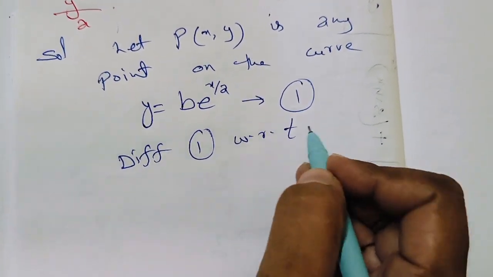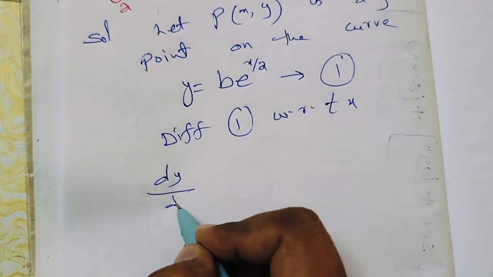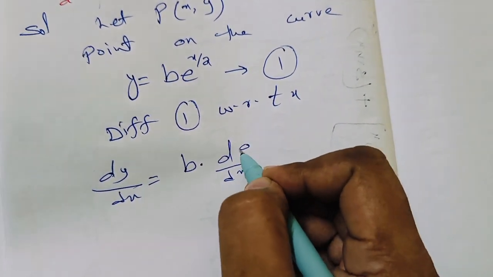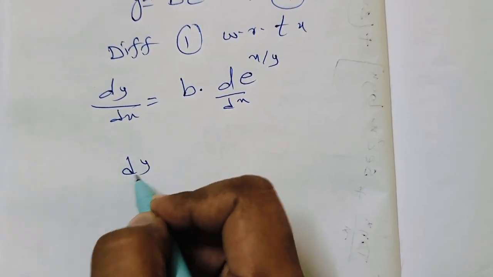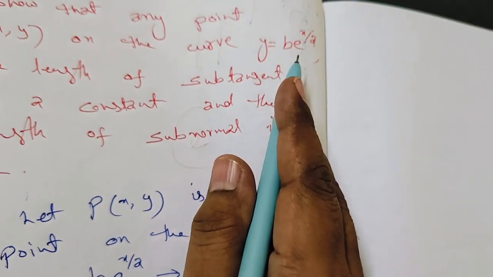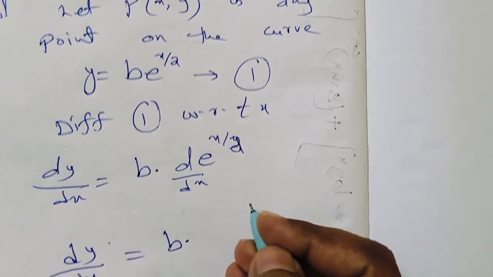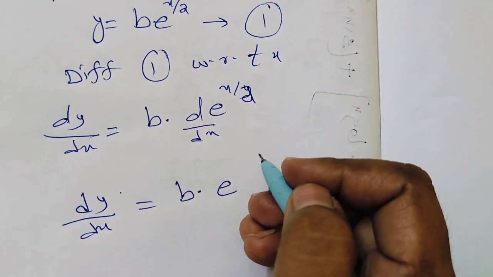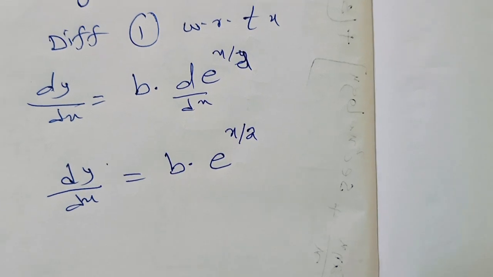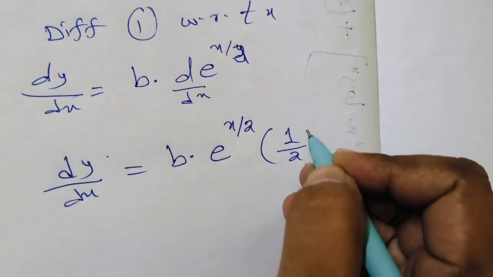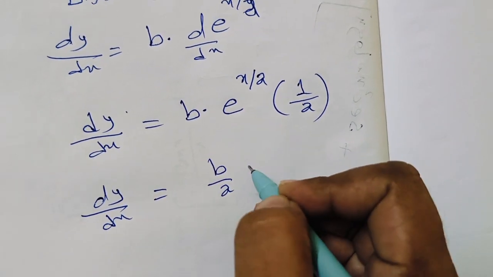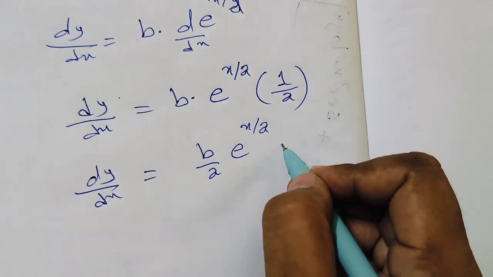The derivative of y becomes dy/dx = b is constant, so we will write it before the derivative, b d/dx of e^(x/a). So dy/dx = b into, the derivative of e^x is e^x. Similarly, the derivative of e^(x/a) is e^(x/a), and the coefficient of x is 1/a, so we will write into 1/a. So dy/dx = (b/a) e^(x/a). This is our second equation.